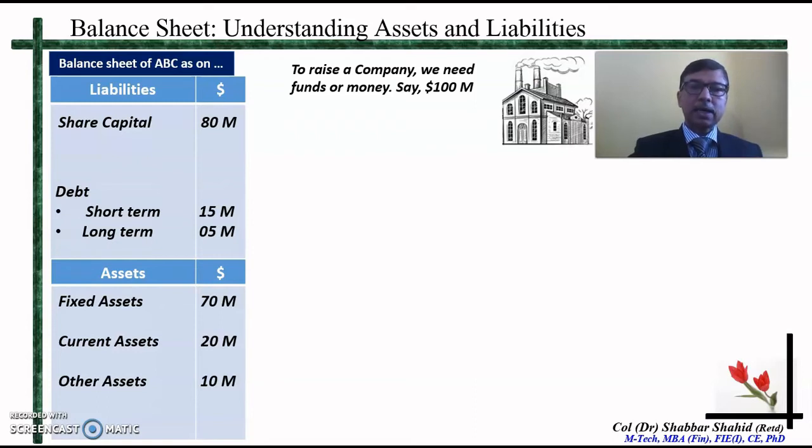And then there are current assets, which are the assets which can be converted into money within a period of say 1 year. We will see about the fixed assets and current assets subsequently in the course. And then there could be certain things which can be clubbed in the head of other assets. Alright.